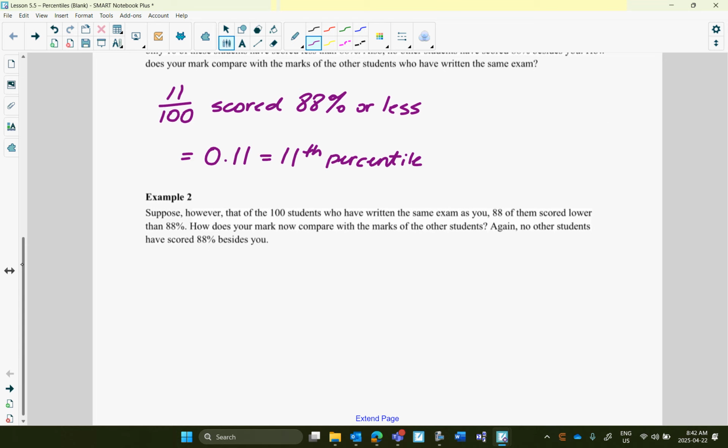Okay, this next example, let's say of the 100 students who wrote the same exam as you, 88 of them scored lower than 88%. How does your mark now compare with the marks of other students? Well, how many students now scored 88% or lower? 89, because 88 of them were lower, you were at it, so 89, which converts to the 89th percentile.